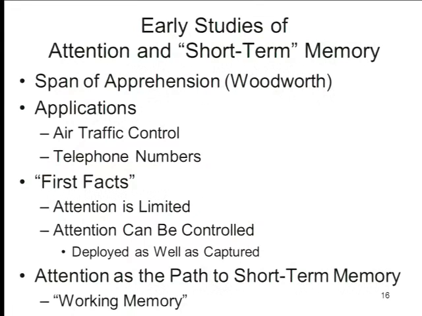Around the same time when people started getting dial telephones, people started getting telephone numbers. Engineers at AT&T, essentially psychologists, had to figure out what the optimum length for a telephone number is, okay? We don't have this problem too much anymore because most of you don't think about telephone numbers.